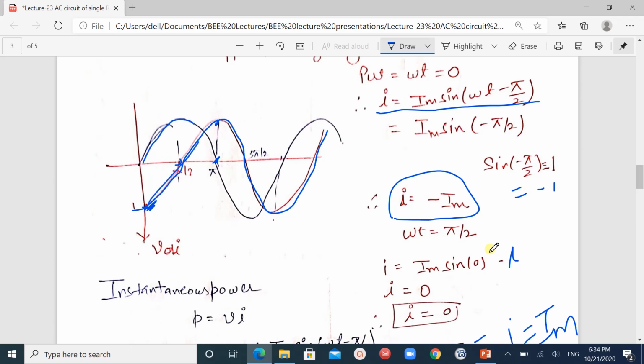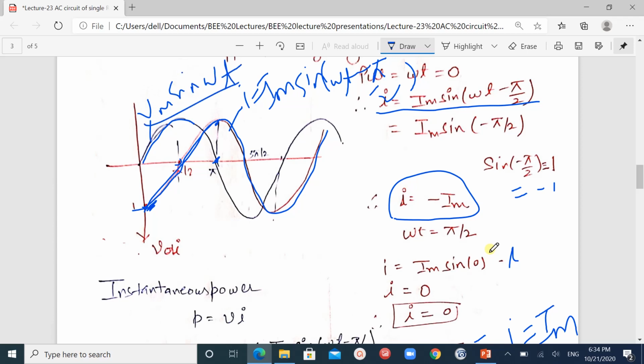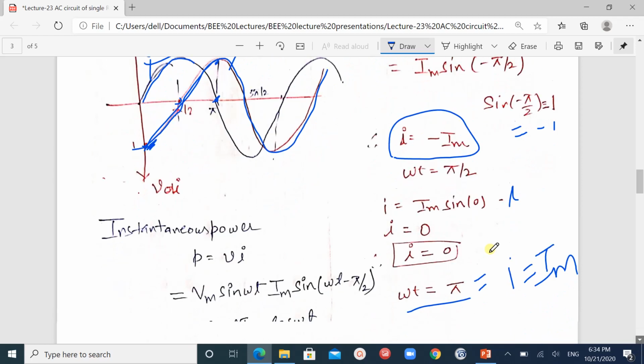This is the current waveform, I is equals to Im sine omega t minus pi by 2, and this is Vm sine omega t. So this is both the current and voltage. In the case of inductance, we can say that the current lags behind the voltage by 90 degree, or voltage leads the current by 90 degree.